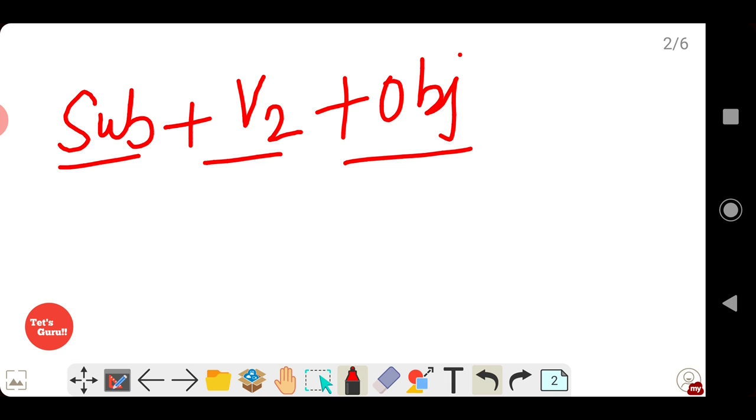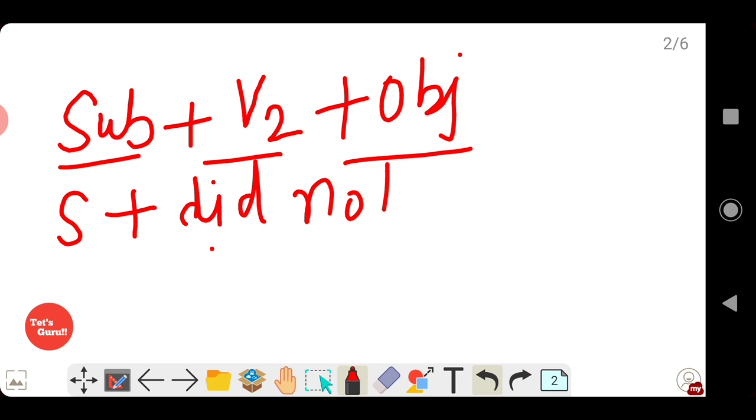In the case of negative sentences, the rule becomes: subject plus did not plus verb first form plus object.